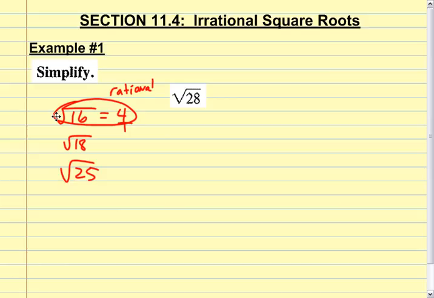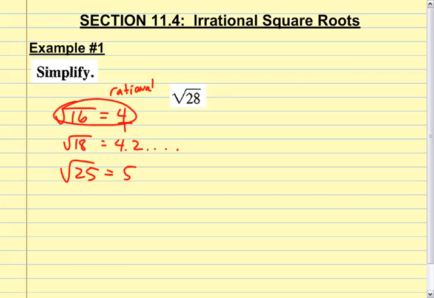The square root of 25, is that rational? Yes, because when I take the square root, I get 5. But now the square root of 18 is neither 4 nor 5. It's somewhere in between. Let's just say it's 4.26.